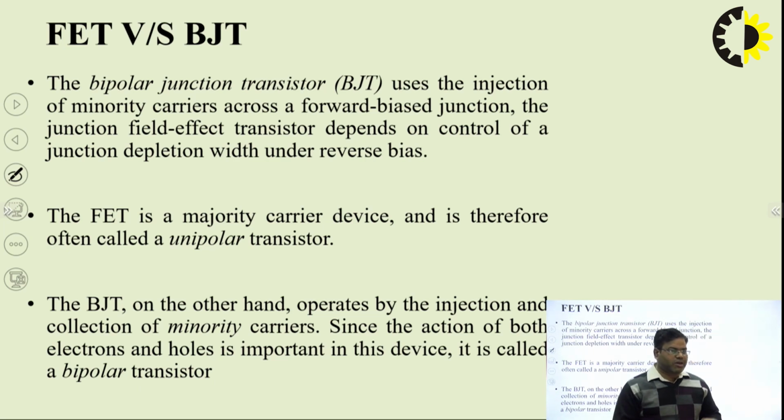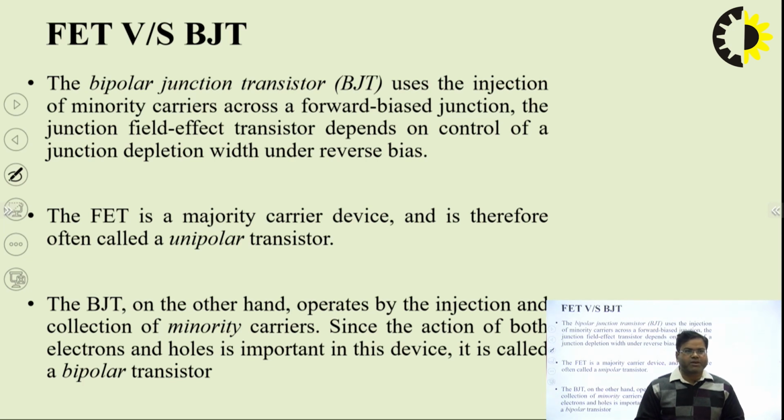When it is properly biased, then the output current, the collector current, can be increased or decreased by applying input voltage between the emitter and base terminal.